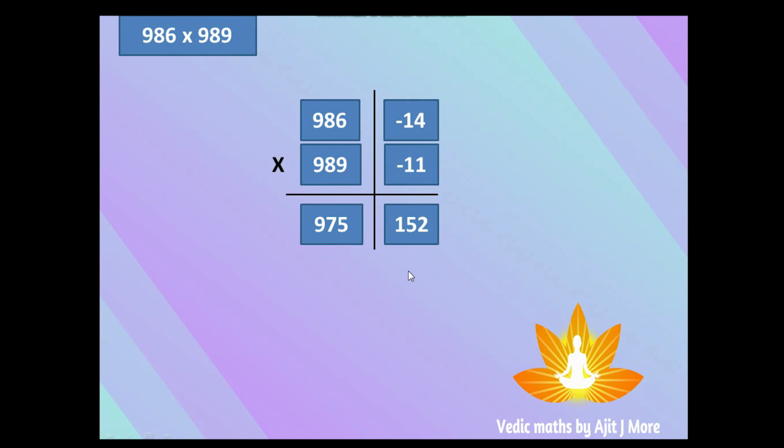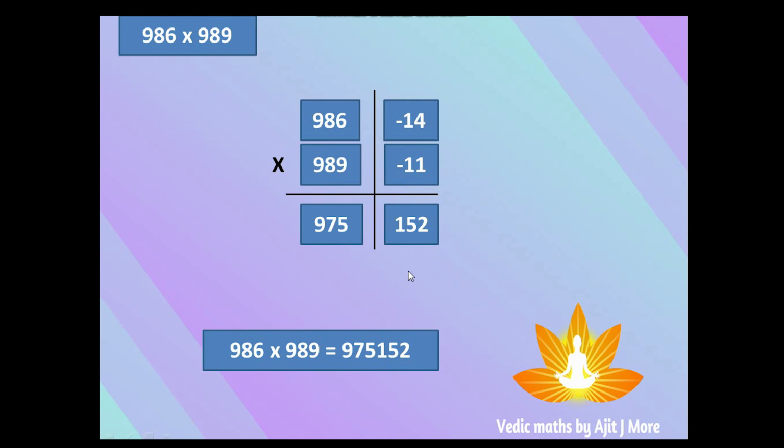And as in our base, there are 3 zeros and the second part contains 3 digits, there is no overflow or you don't have to prepend any 0. Combine both, that is your solution. So it is 975152. Is it clear to you?